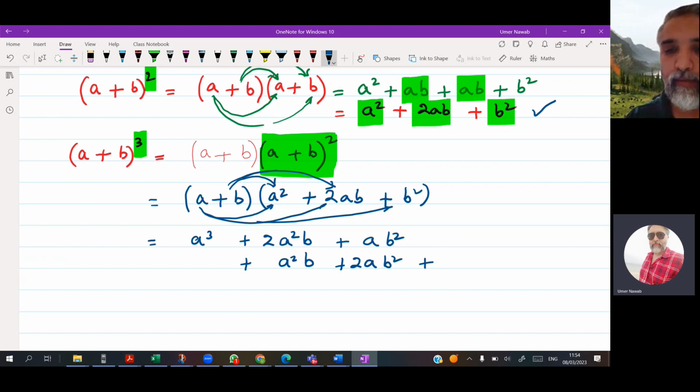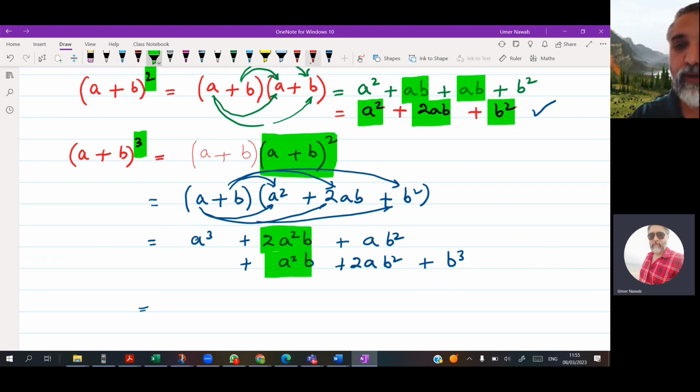And then b times b squared will give you b power 3. So the time has come to add the like terms. This is 2a squared b plus 1a squared b. It will give you 3a squared b, plus 1 plus 2 is 3ab squared, plus b power 3.